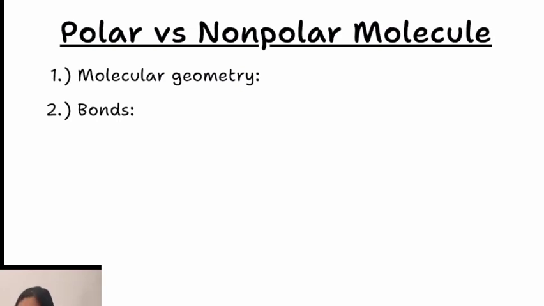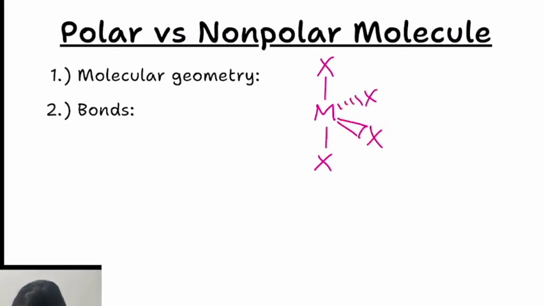For molecular geometry, if it has an asymmetric molecular geometry, then it is already a polar molecule. So let's say, for example, T-shaped. Let's say the center atom is M, and it has other atoms attached up and down, and then one more, and on the left side it has the lone pair electrons.